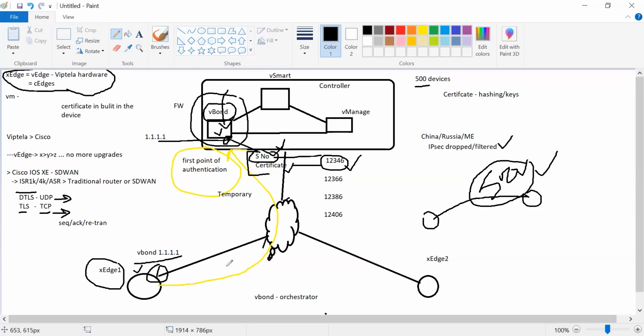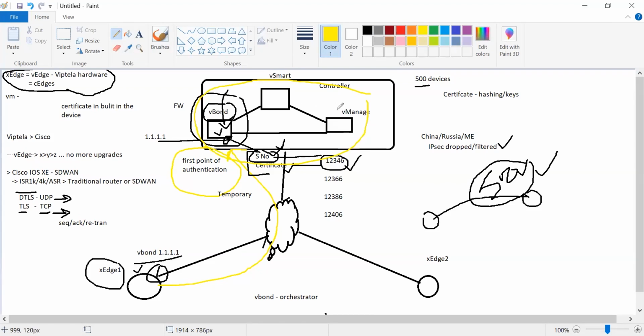Once this DTLS channel is established to vBond, what vBond will do, as part of the initial day 0 configuration, when we are setting up our SD-WAN network, we first need to set up these controllers: vManage, vSmart, and vBond. They would be set up at the first point of time.